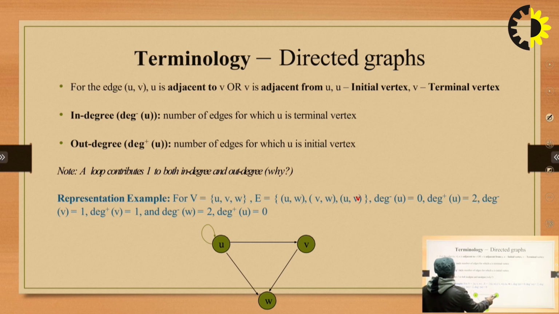For V, in degree is 1 and out degree is 1. For W, in degree is 2 and out degree is 0, since nothing goes out from it.